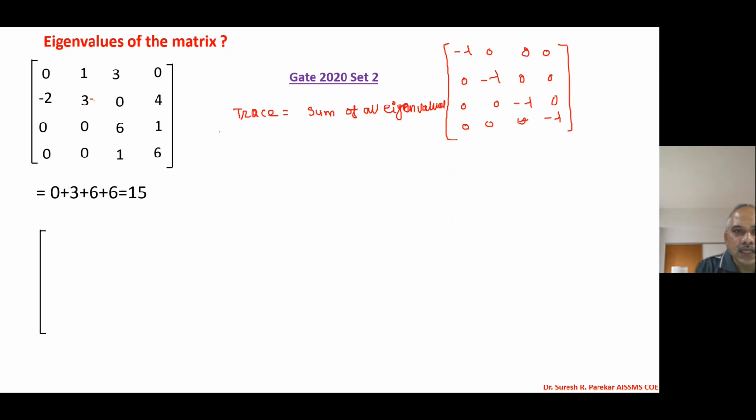Trace means the sum of the diagonal members, and that is equal to the sum of all Eigen values.